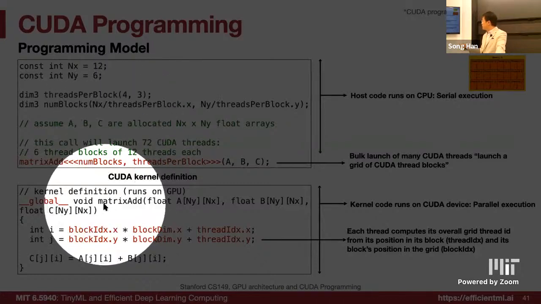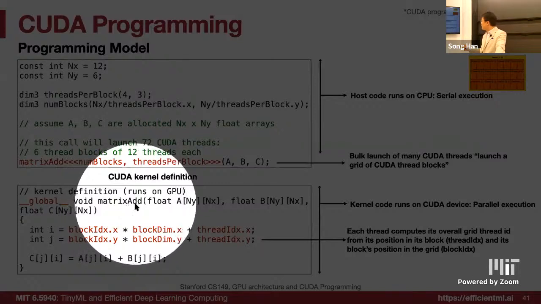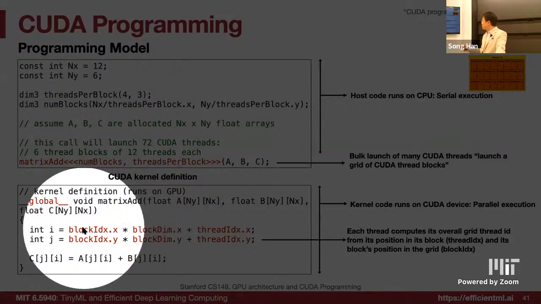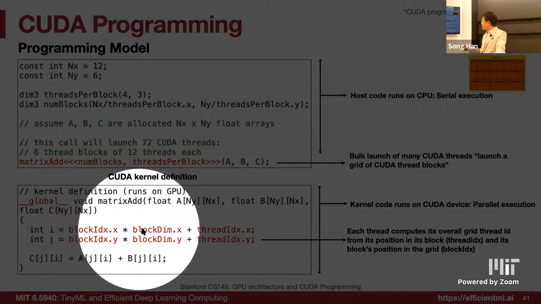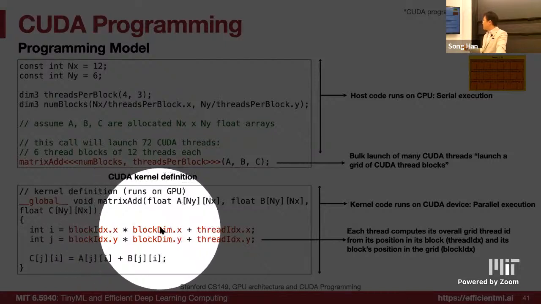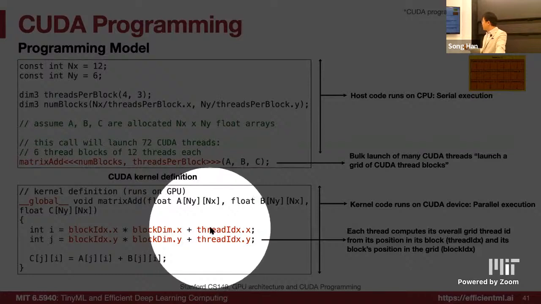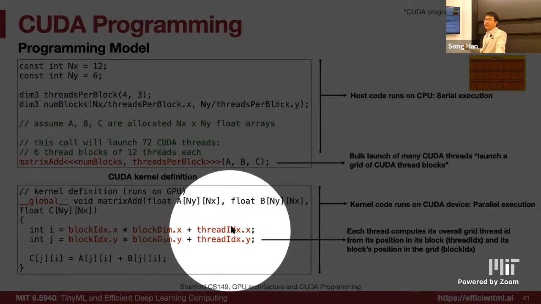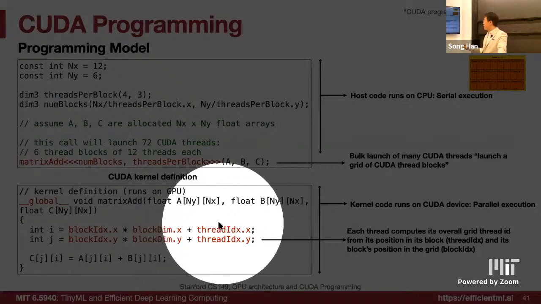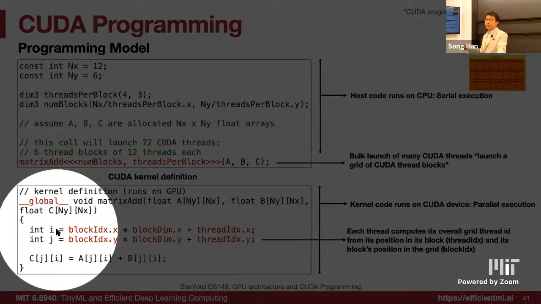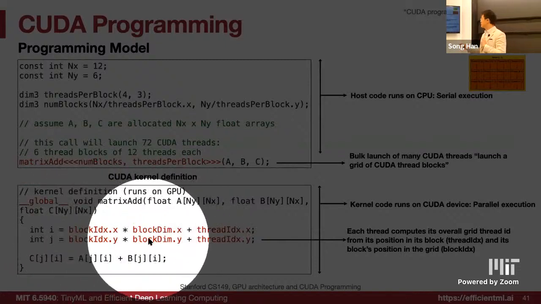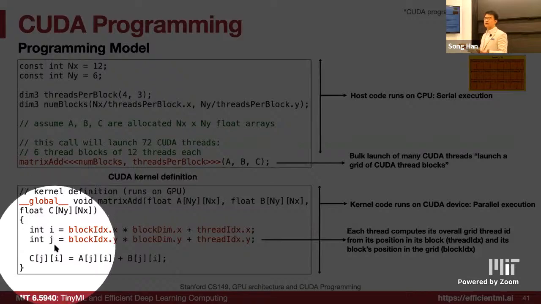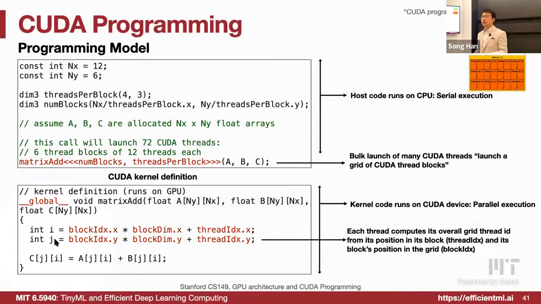The name is matrix add. According to the block ID x times the block dimension in x, plus the thread ID x, it's going to tell you where am I. I am a thread, so which part of the matrix am I going to work on? That's specified by the indices i and j according to the thread ID and also the block ID.